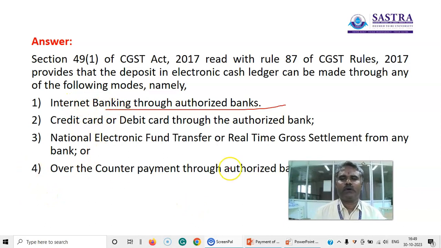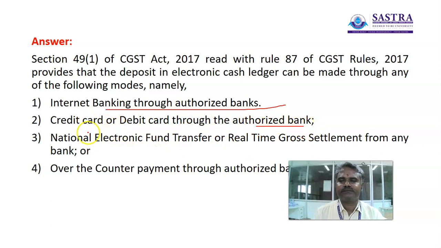He has to pay through the following modes: internet banking through authorized banks, credit card or debit card through the authorized banks, national electronic fund transfer or real-time gross settlement from any bank, over-the-counter payment through authorized banks. These are the possibilities. He has to choose any one of the following, or all the four is okay.